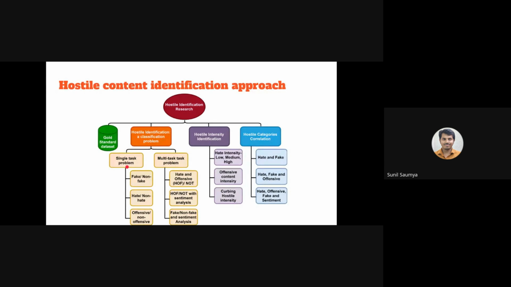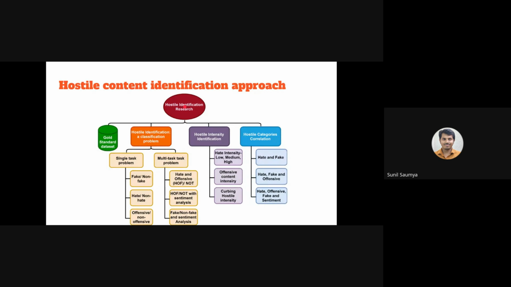That is called the multitask problem, where the post can be hate and fake at the same time, or it can be fake and we need to identify the sentiment, or hate and the sentiment. These are the multitask problems which people have addressed. But all of these come under the classification approach of identifying hostile content.